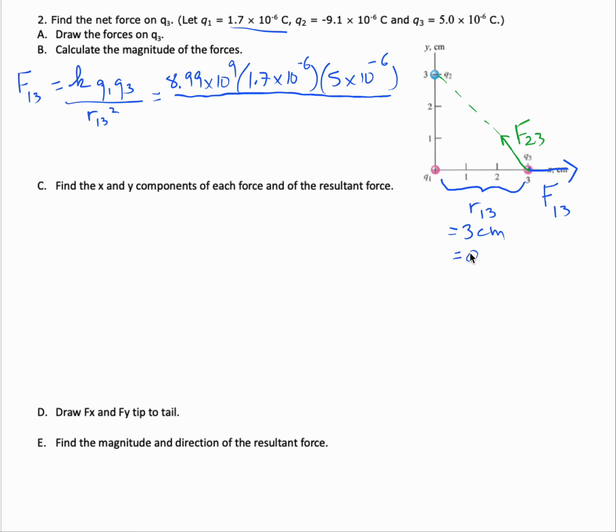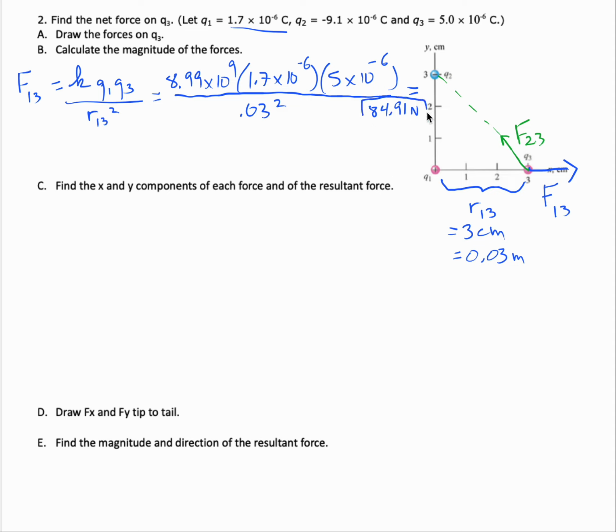So it's going to be 0.03 meters. Plug all of this in the calculator, and we are going to get 84.91 newtons.